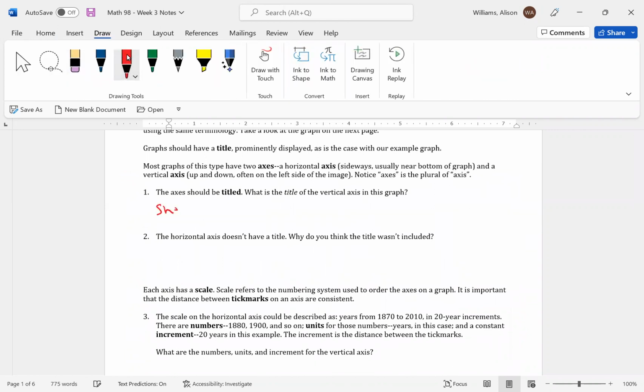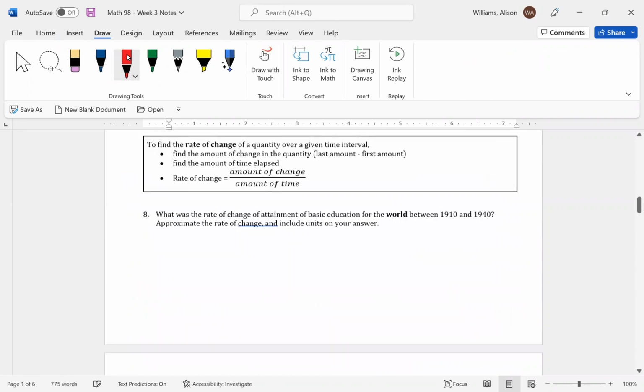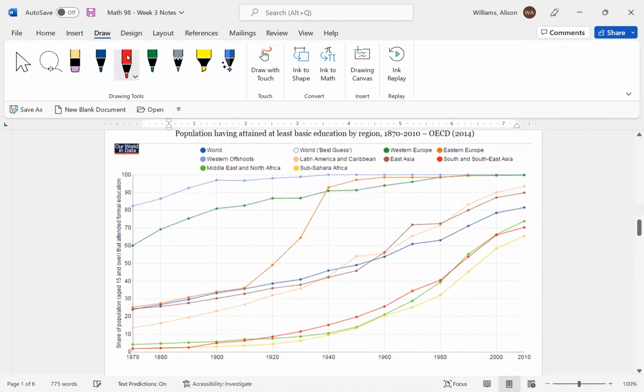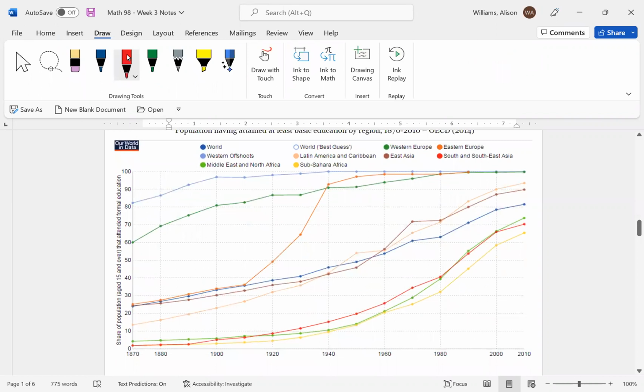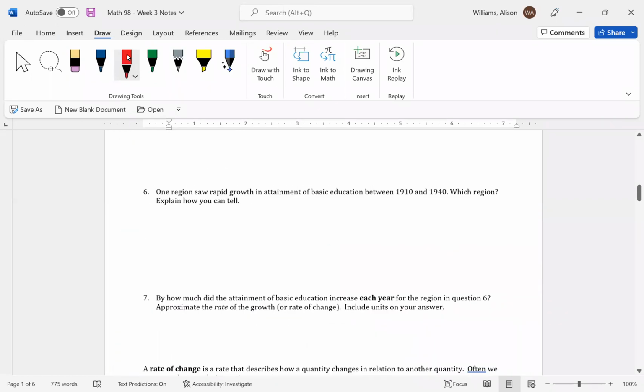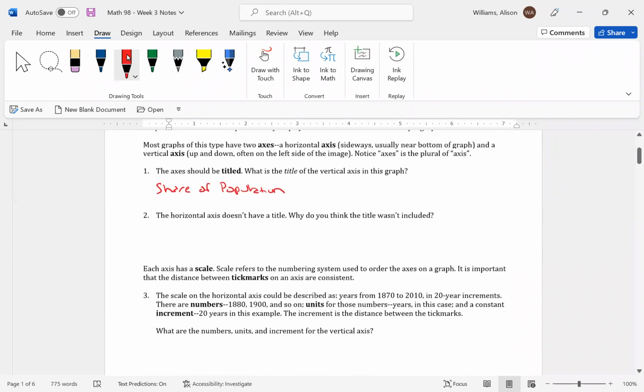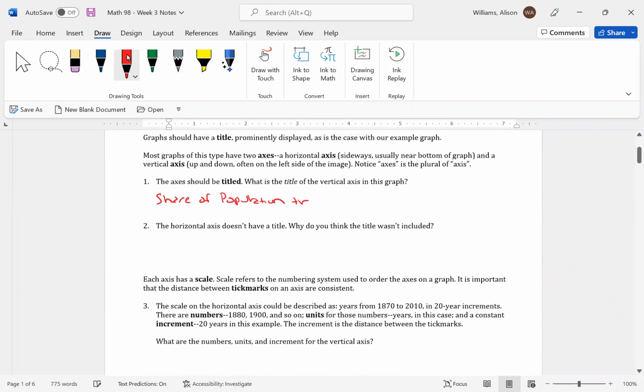So share of population that attended formal education. I think I'll have to stick that below. I don't think I have enough space.